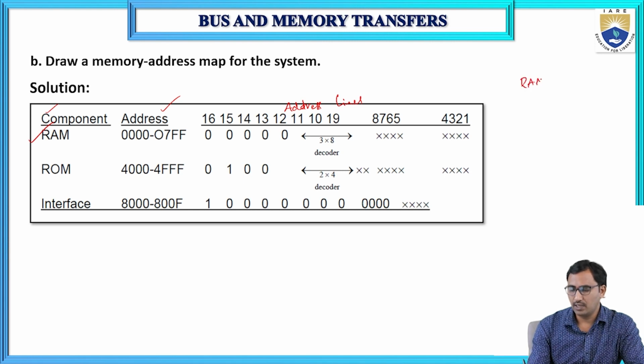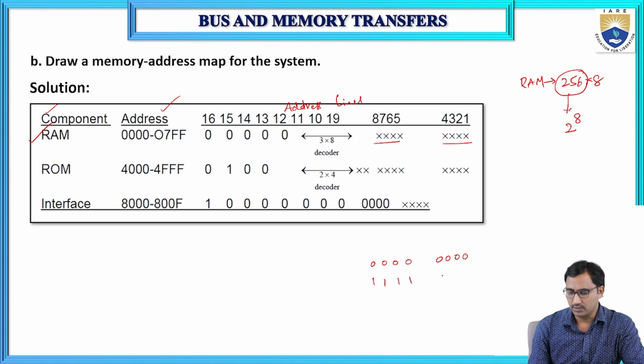In order to access 256 memory locations, we require 8 address lines. So for every RAM chip, the starting address will be all zeros and the ending address will be all ones.